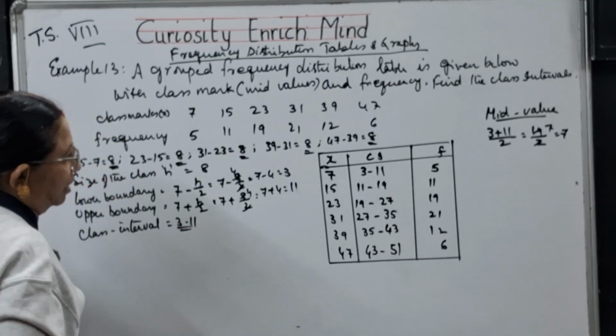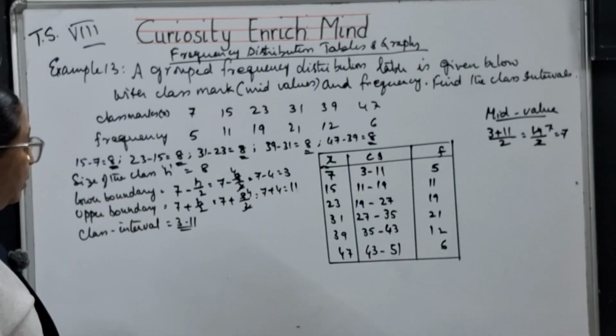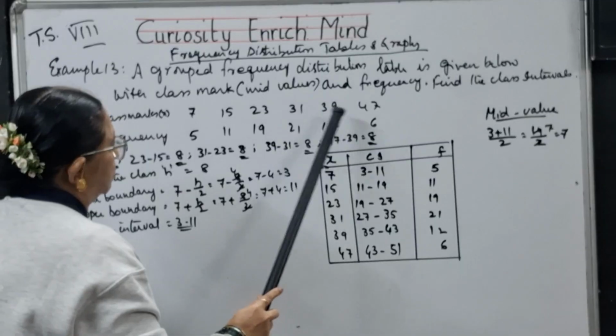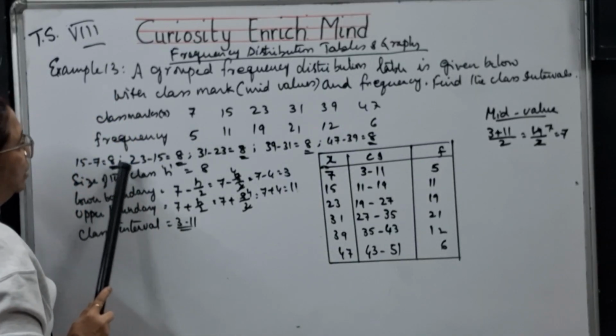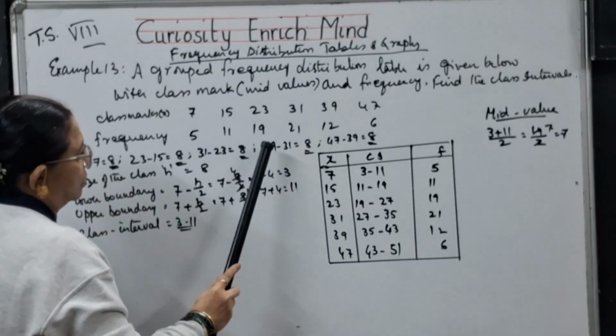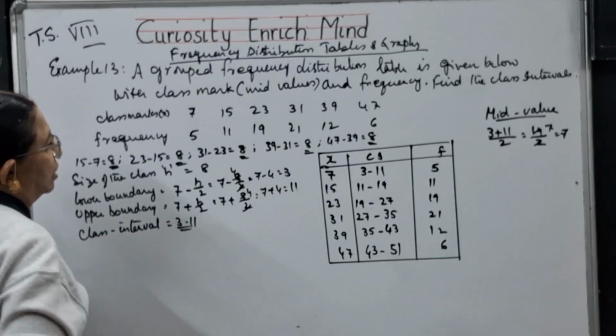To prepare class intervals, first and foremost you need to observe whether the difference between the consecutive terms gives the same value. 15 minus 7 is 8, 23 minus 15 is 8, 31 minus 23 is 8, 39 minus 31 is 8, 47 minus 39 is 8.